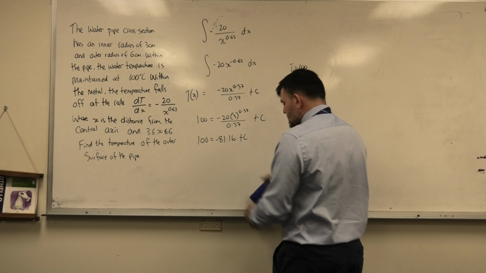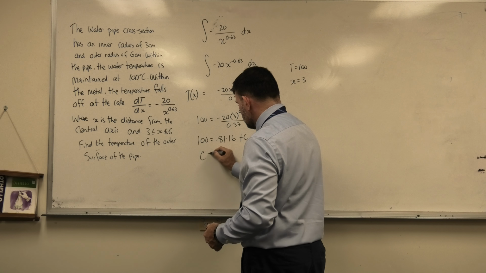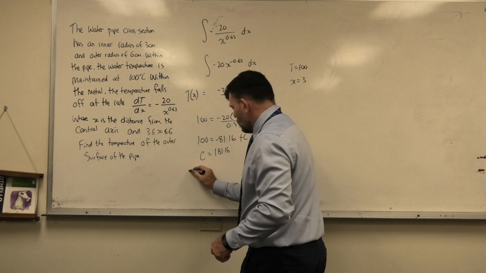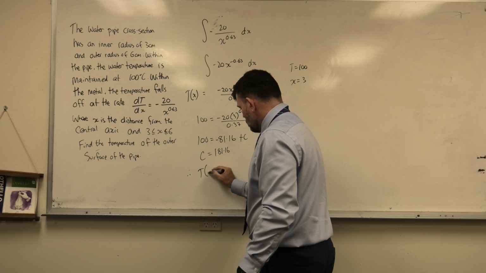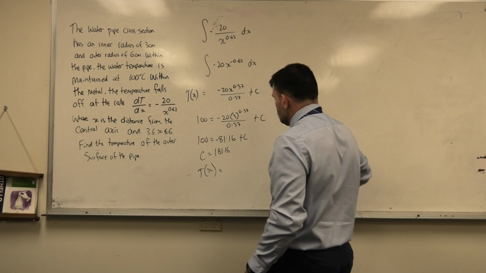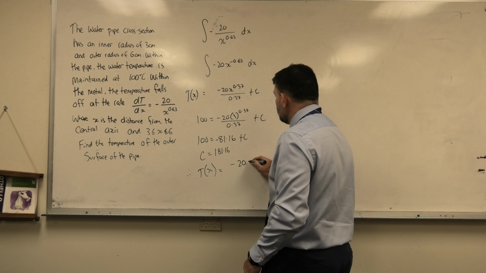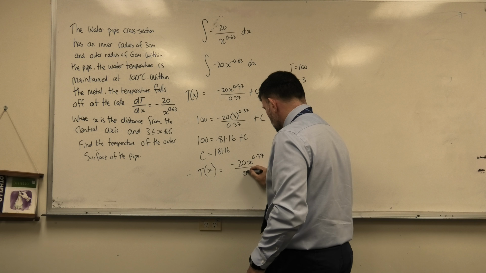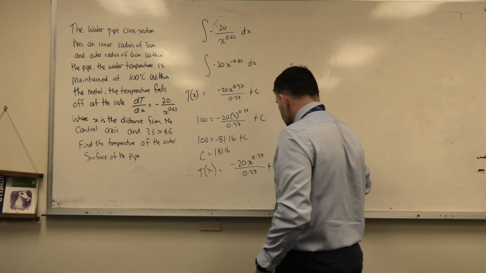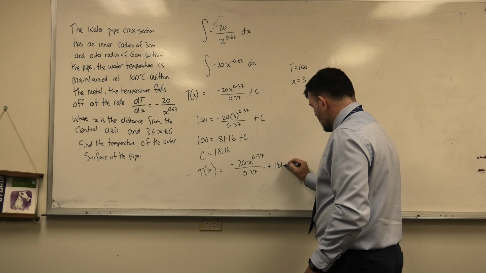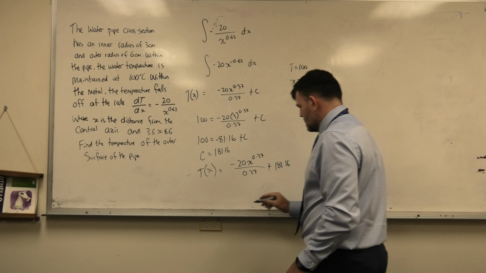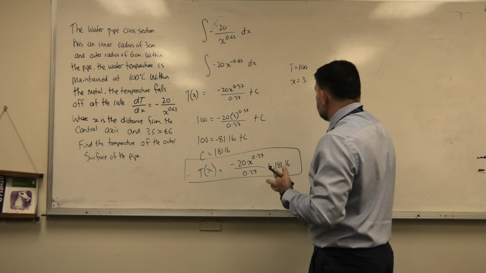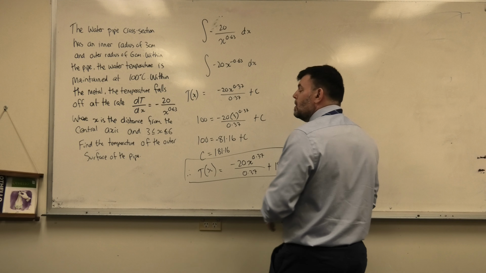We want to find c by itself, so let's add. Therefore c is equal to 181.16. So T of x is equal to negative 20x to the power of 0.37 over 0.37, plus 181.16.